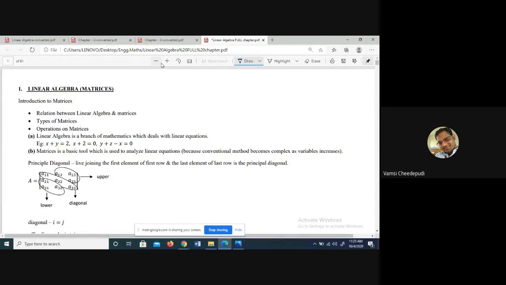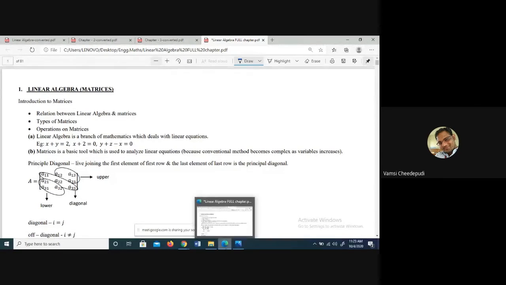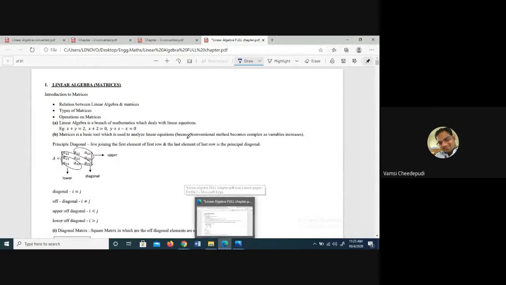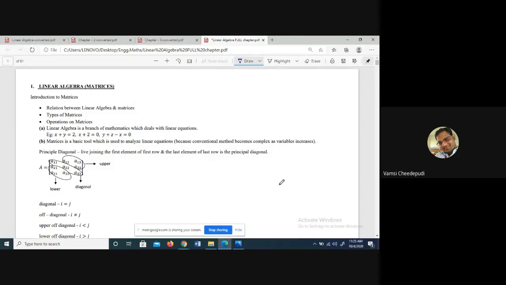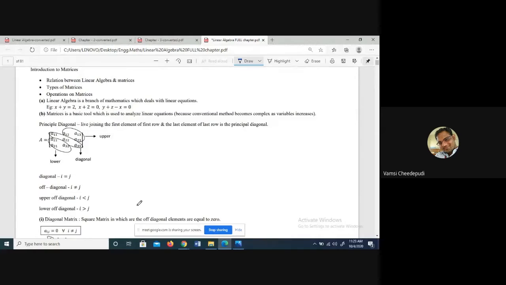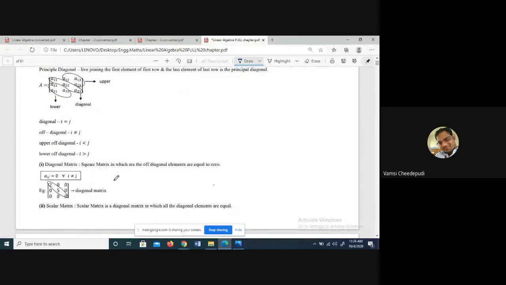Yeah, my dear students, last class we discussed the concepts in linear algebra. We discussed the actual relation between linear algebra and matrices, and what is meant by principal diagonal, and different concepts like a diagonal matrix and scalar matrix.